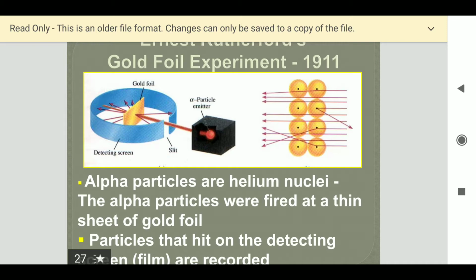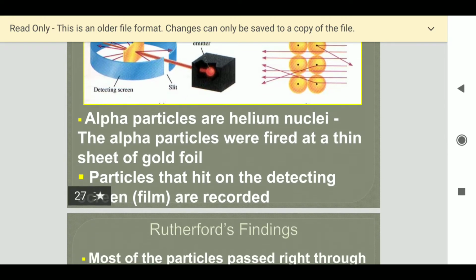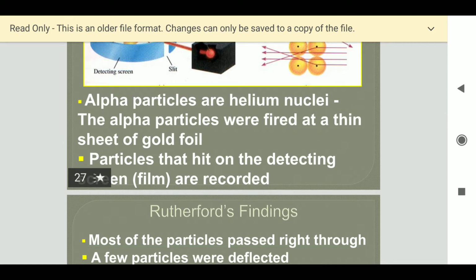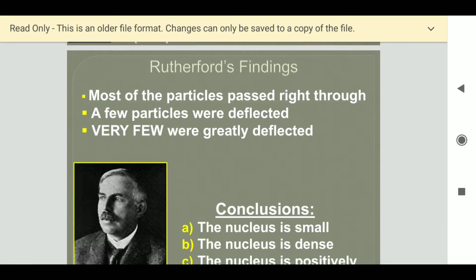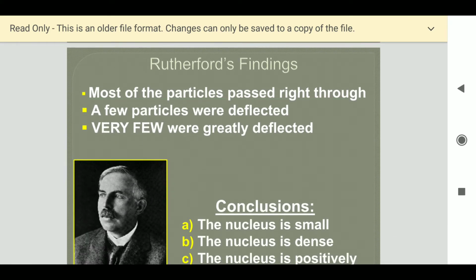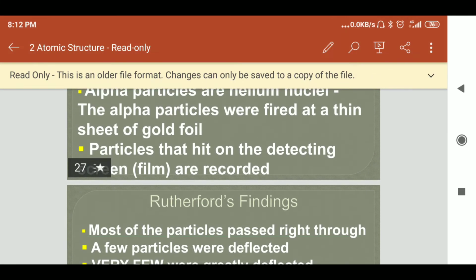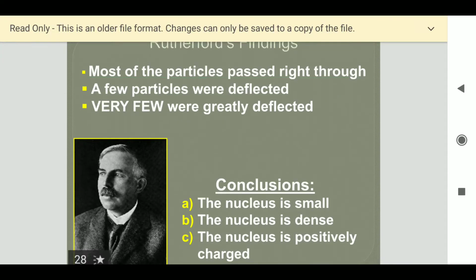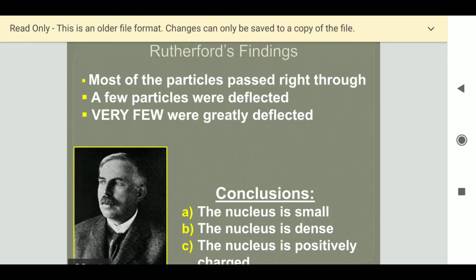The alpha particles were fired at a thin sheet of gold foil, and the particles that hit the detecting screen are recorded. Rutherford's finding was that most of the particles passed right through, a few were deflected, whereas very few were greatly deflected.